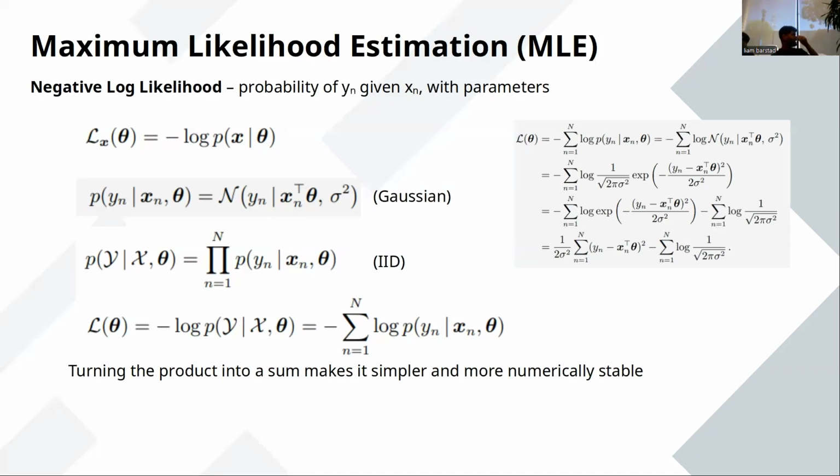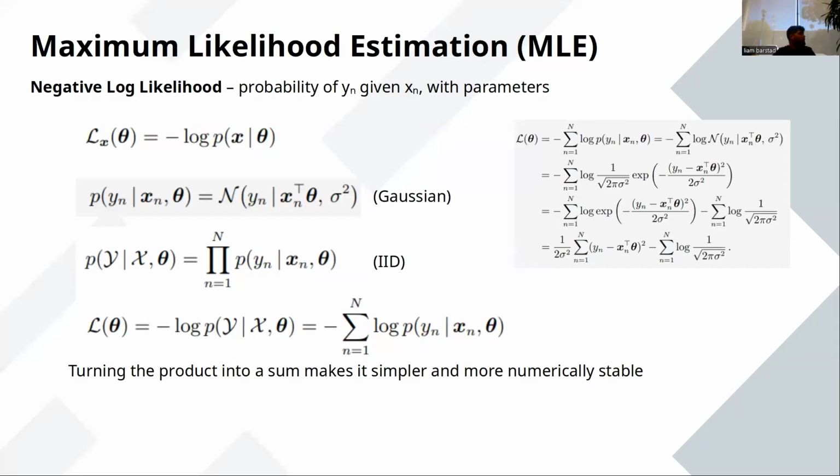So where we have empirical risk minimization in non-probabilistic models, with probabilistic models we use something like maximum likelihood estimation. What they talk about is negative log likelihood, which is what you want to minimize in order to find a probabilistic model that is a good fit.